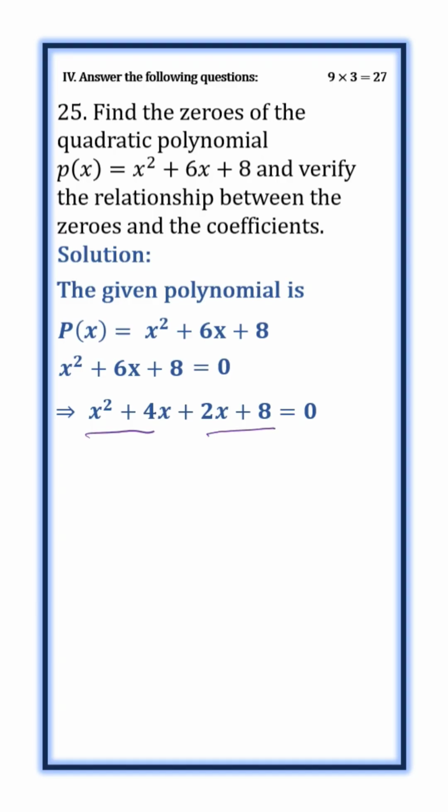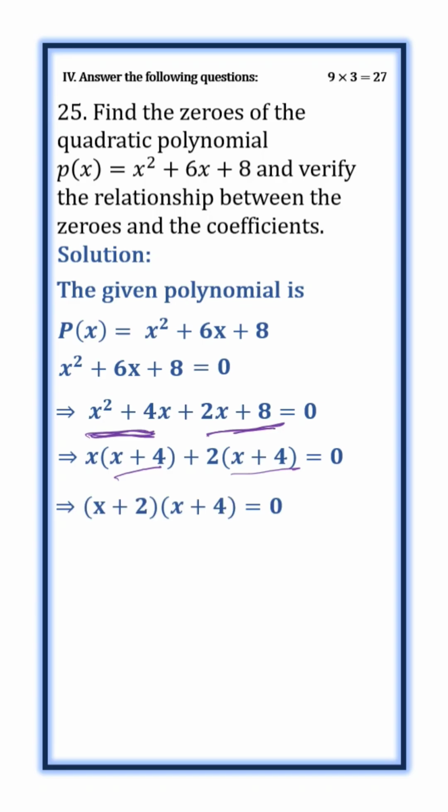We can see here x is common, here 2 is common. So it is equal to x into x plus 4 plus 2 into x plus 4. So observe here x plus 4 is common. So it is equal to x plus 2 into x plus 4 is equal to 0.